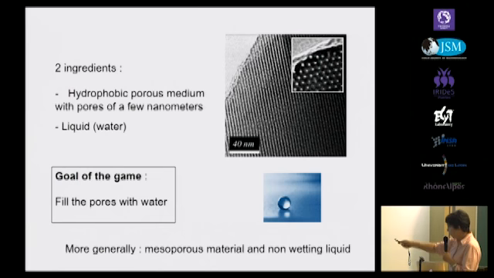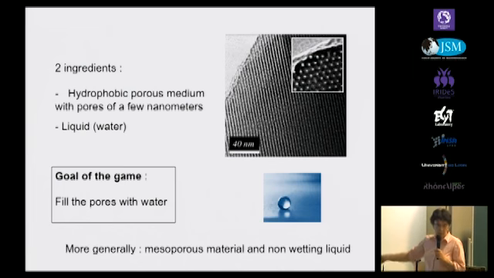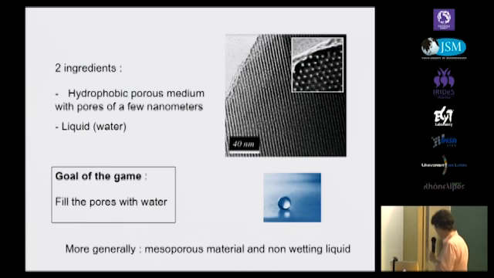You see that the drop has a round shape because it wants to minimize its contact area with the hydrophobic plane. So the idea here is to force water to fill the pores of the nanoporous medium, and this involves high energy because there is a lot of contact area between the water and the pore wall.